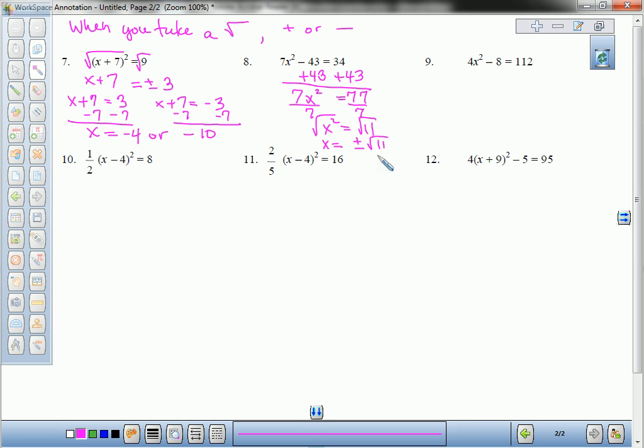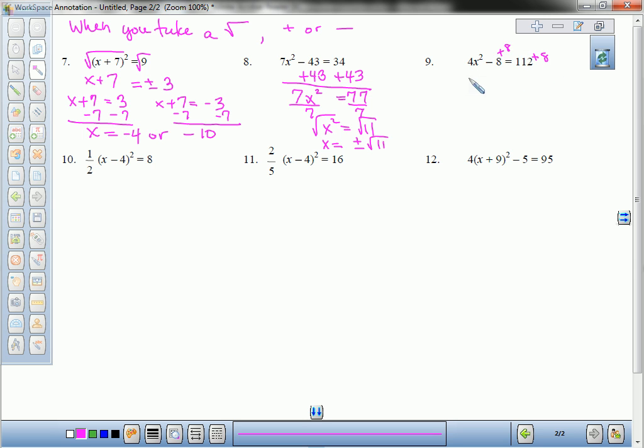There's not a perfect square that divides into 11. 11 is prime, so the only things that divide into 11 are 1 and 11. So this doesn't simplify, and I can't take the square root of it. So that's just my answer. X equals positive or negative square root of 11. Okay, so sometimes they work out pretty, and sometimes they work out irrational. I don't think irrational is pretty.